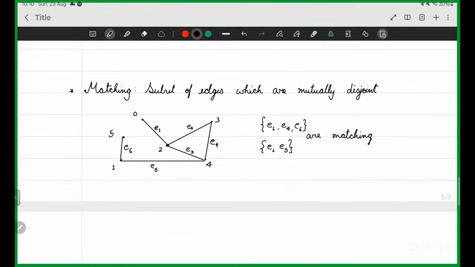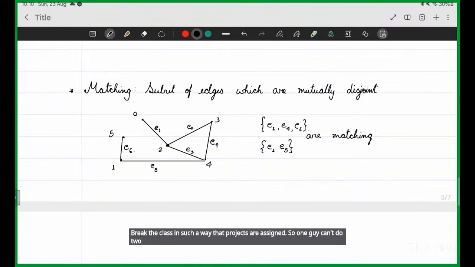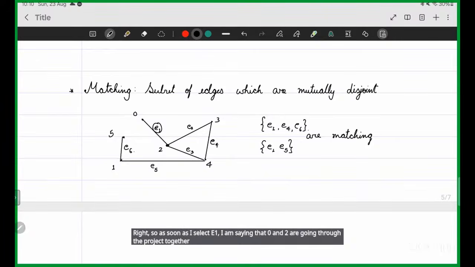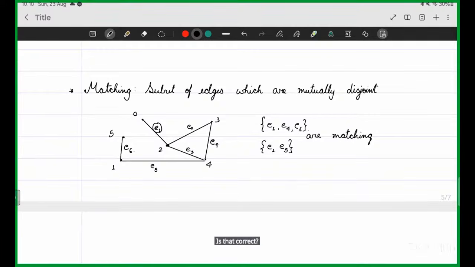Now you want to break the class in such a way that projects are assigned. So one guy can't do two projects, right? As soon as I select E1, I am saying that 0 and 2 are going to do the project together. Now 2 cannot do a project with 3 or 4. The other possible pairings for 2 are eliminated. Is that correct? Yeah.